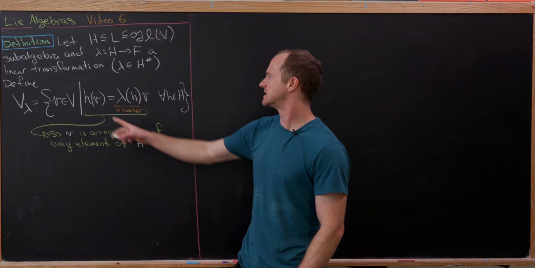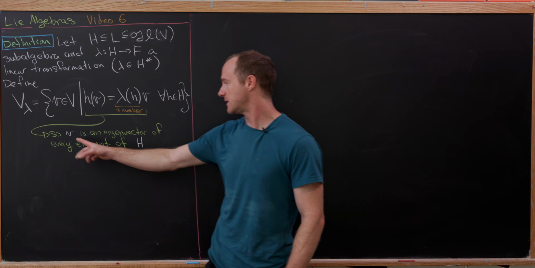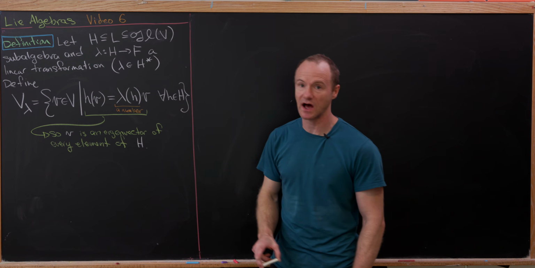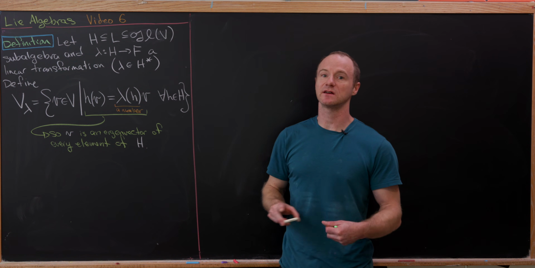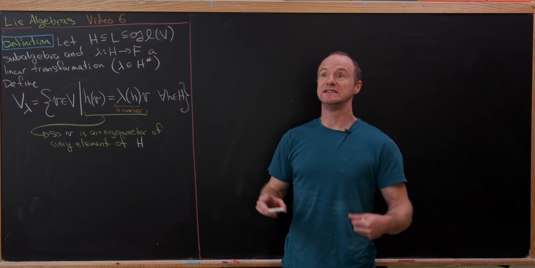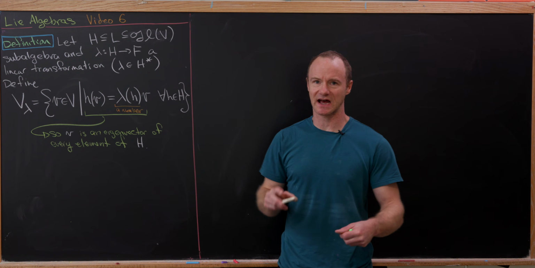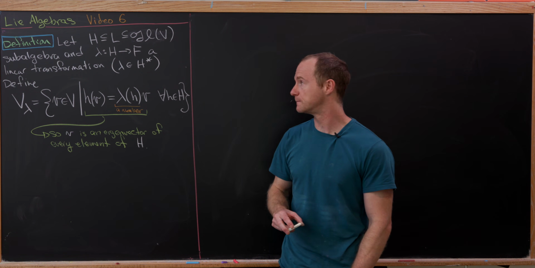But note that since this is supposed to hold for all h inside of the subalgebra, that makes this vector v an eigenvector for every element of the subalgebra. And what this lambda is doing is it's encoding the different eigenvalues that come out of this eigenvector-eigenvalue relationship, which is happening over and over and over again.